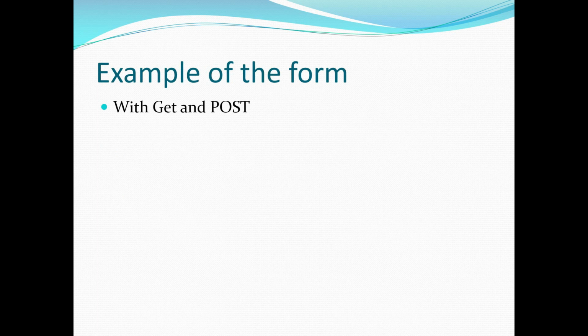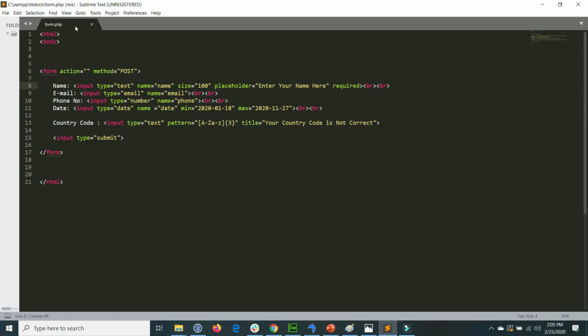So now let's see the GET and POST methods and the form action practically. This is my form, and the file is form.php inside my htdocs. Here I submit the form.